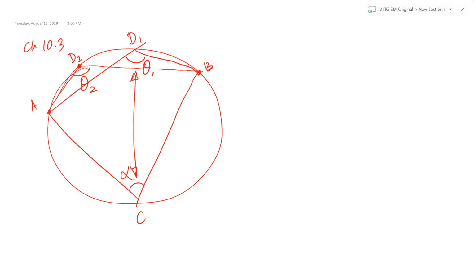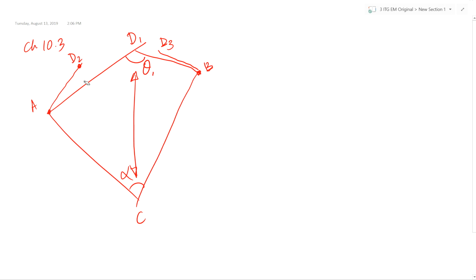Now, if you were to do an accurate drawing, you realize that they're all the same. Whether D1 or D2 or maybe over here D3, you will get the same theta 1, theta 2, theta 3. They're the same. But the question is why?